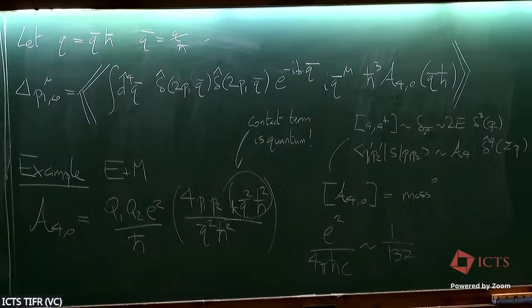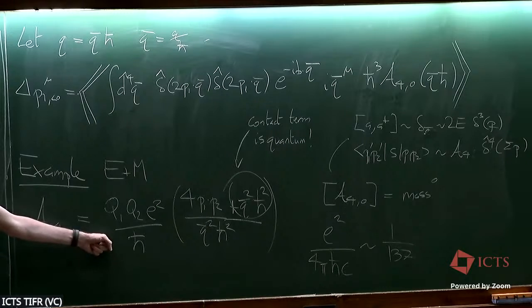Now, in the tutorial, I've also asked you to evaluate this formula in the context of gravity. In the gravitational case, there's also a 4-point amplitude. That's the one that you've seen, again, with the kappa squared, which is 32 pi G. If you're worried about the dimensional analysis there, it goes through in the same way.